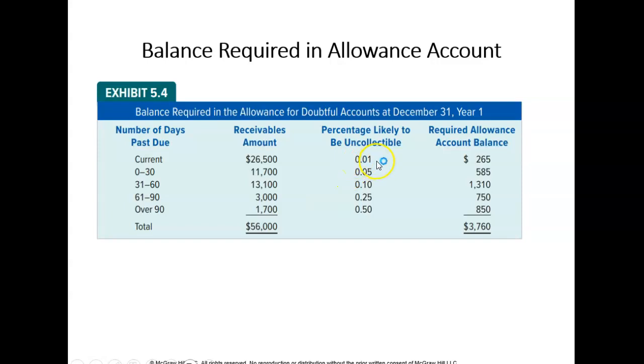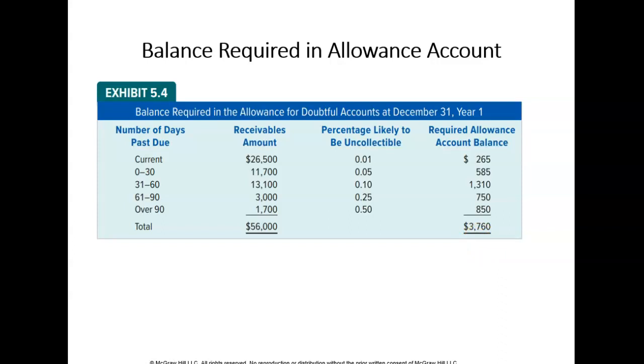The percent is going to increase as the account becomes older, because the older an account becomes, the harder it is to collect. Now we multiply the amount in each category times the percent assigned. When you add those all together, this gives us the desired ending balance in the allowance for doubtful accounts.